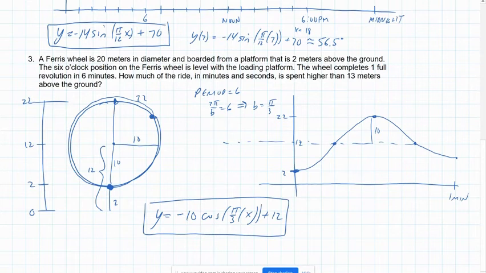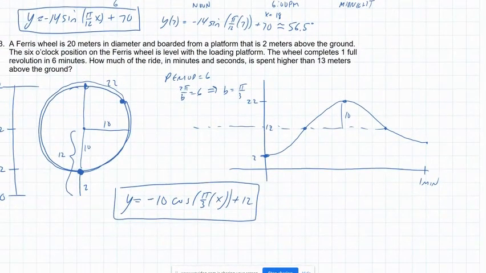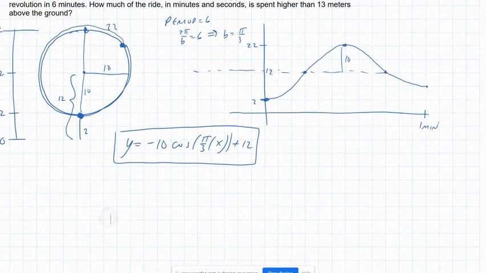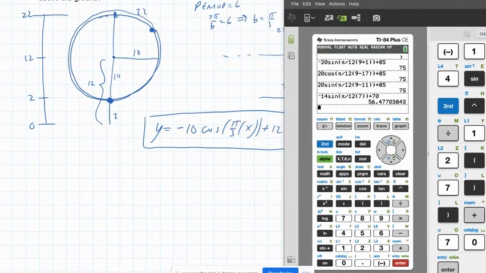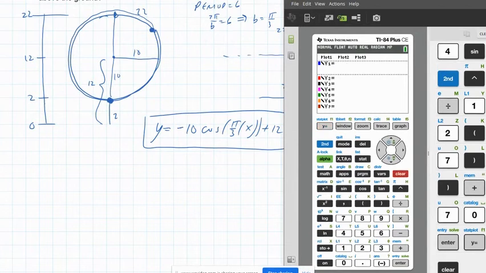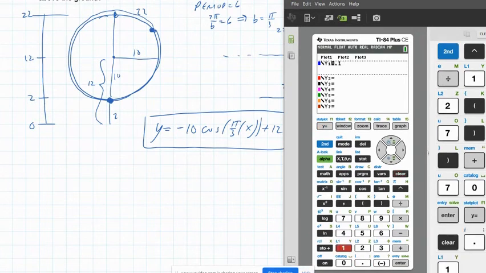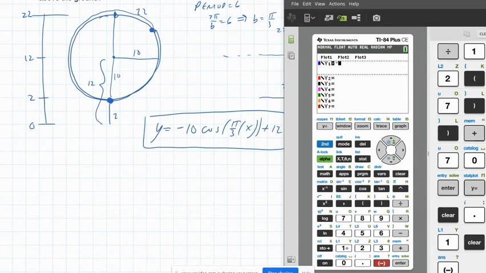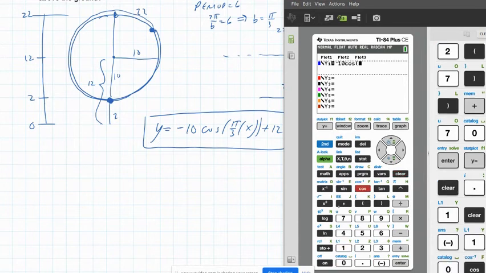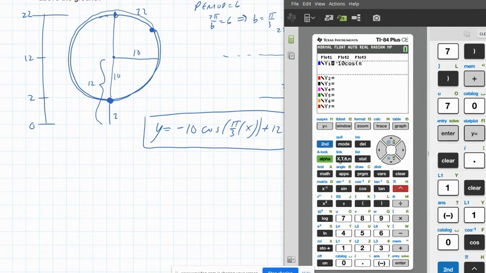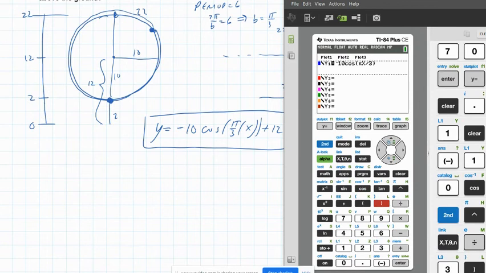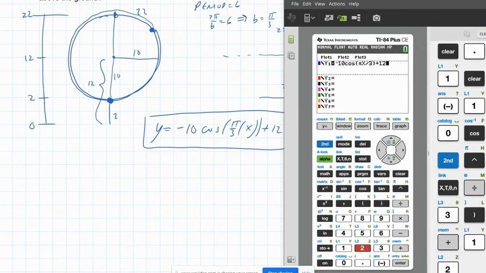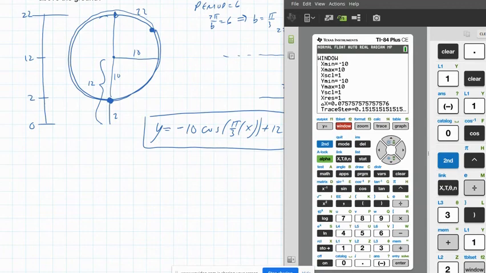How much of the ride in minutes and seconds is spent above 13 meters? And so it might be helpful to model this on the graphing calculator. And so if we put in y equals negative 10 cosine of pi x over 3 plus 12. Set our window.